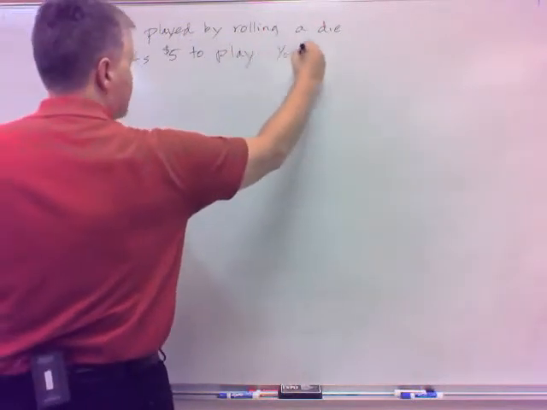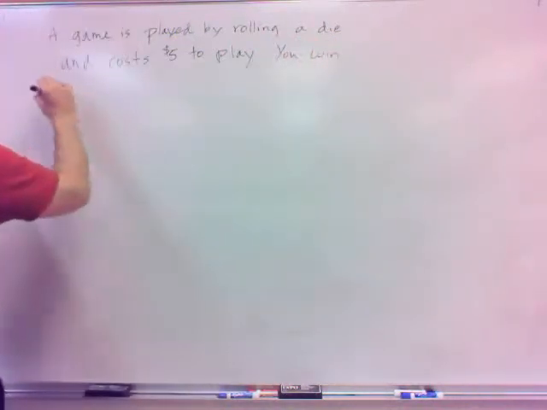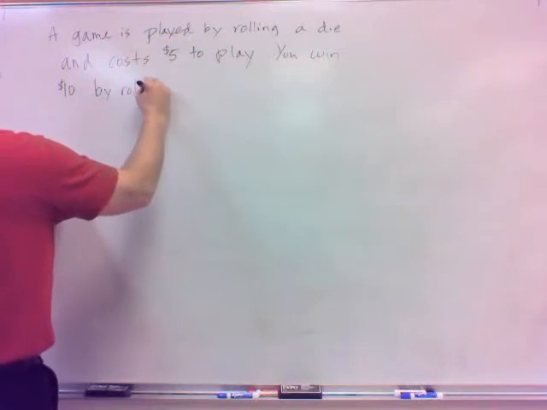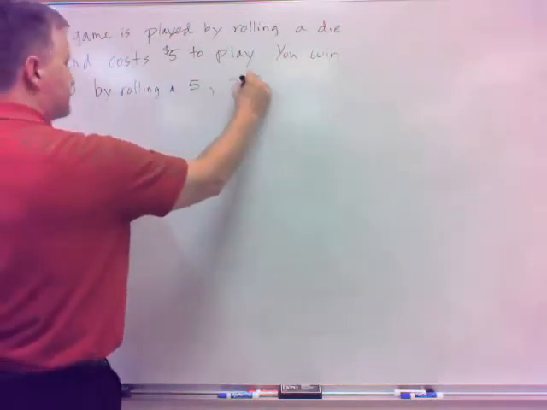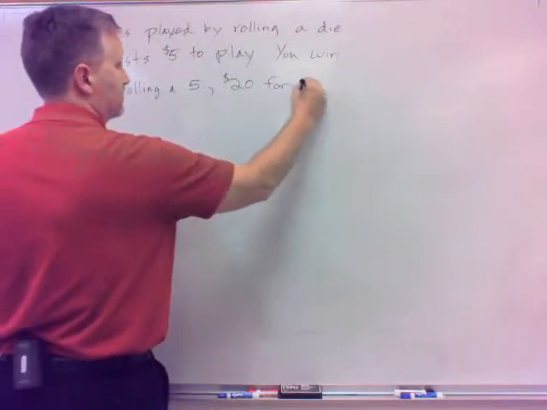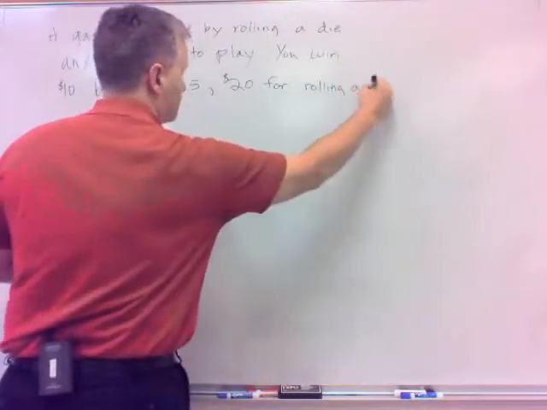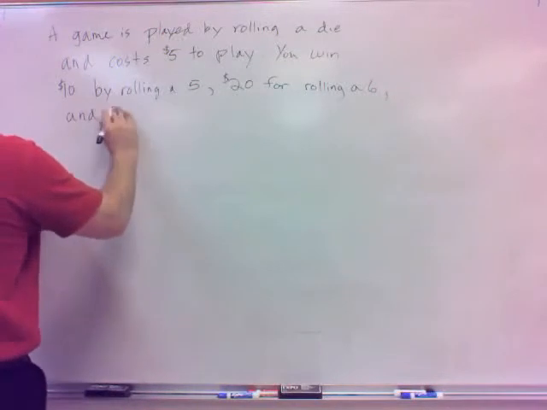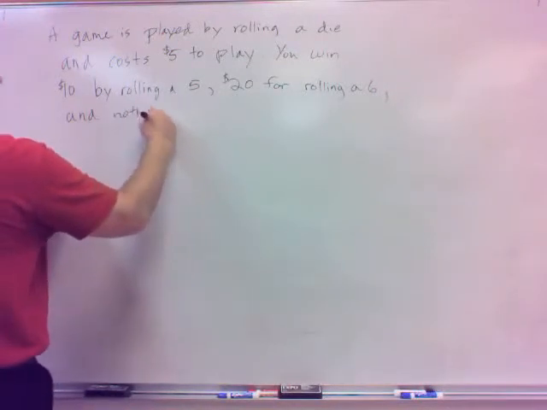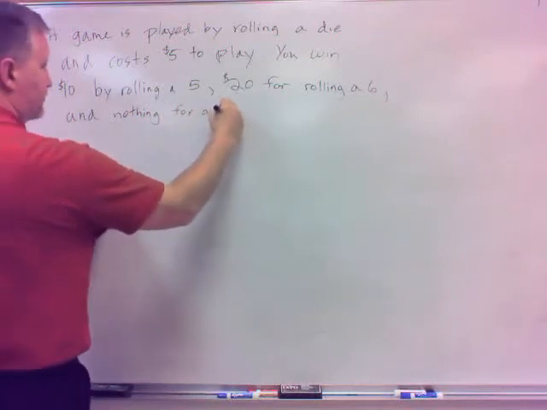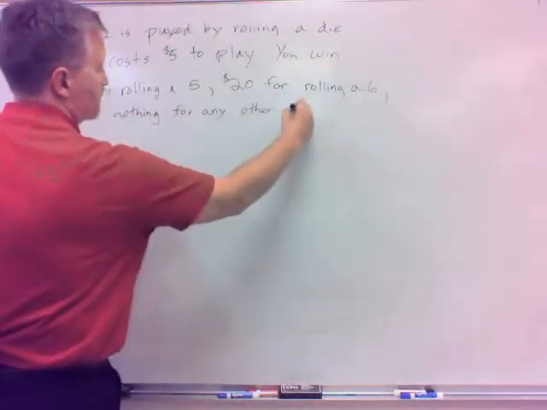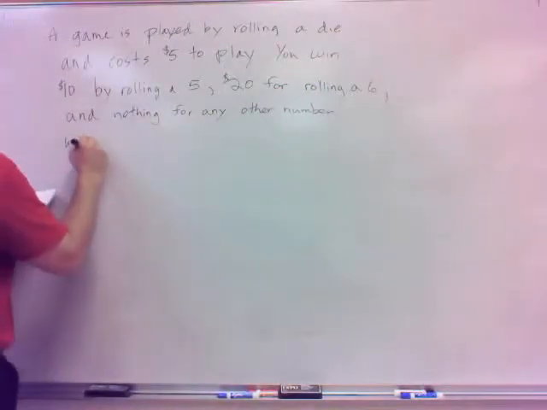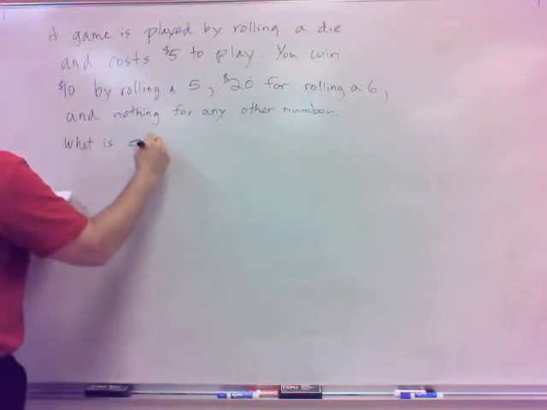You win $10 by rolling a 5, $20 for rolling a 6, and nothing for any other number. What is the expected value of the winnings? Let's set this, what is the expected net winnings?